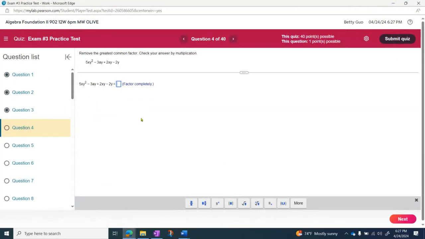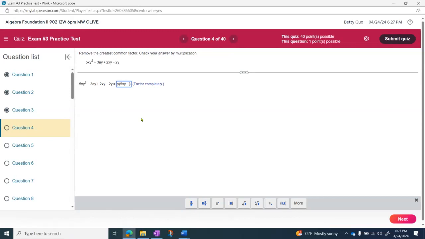All we need to do is to factor y out times parentheses. In the parentheses, we have 5xy minus 3a plus 2x minus 2.